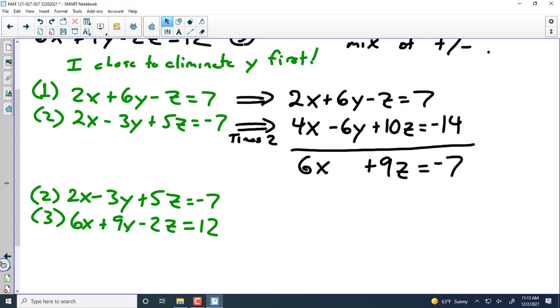Everyone, see if you can multiply one of those equations by the appropriate number and add them together so you can get rid of the y's. Multiply one of those equations by an appropriate number, so when you add them together, the y's go away.